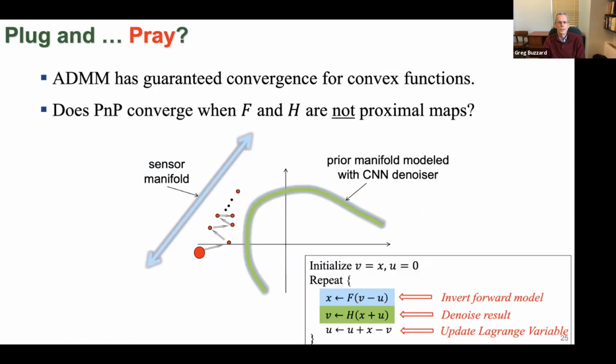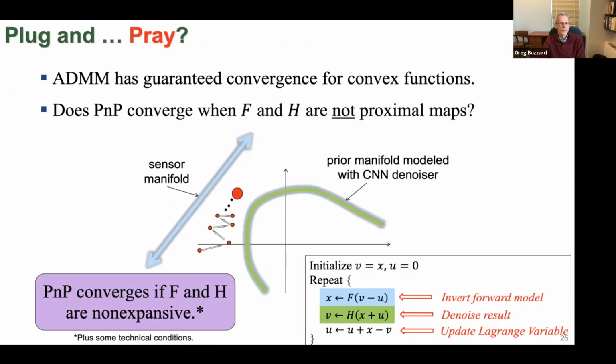Okay, so when we first submitted the paper, one of the reviewers said, well, is this really plug and pray, because you don't know if it's going to converge or not? And that's a valid question. ADMM has guaranteed convergence for convex functions, at least under the right conditions. So the question then: does plug and play converge when F and H are not proximal maps?